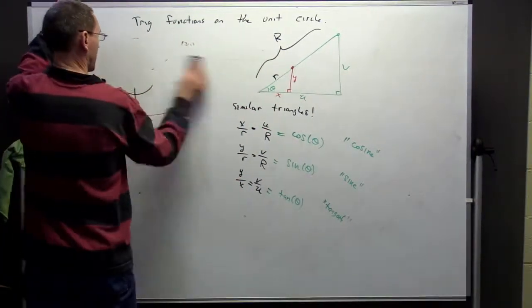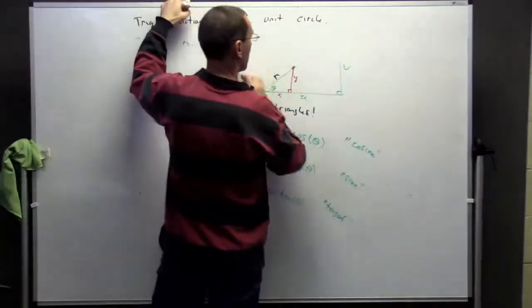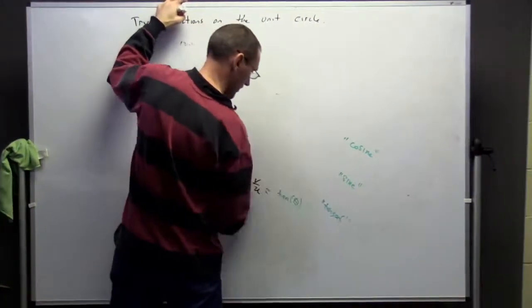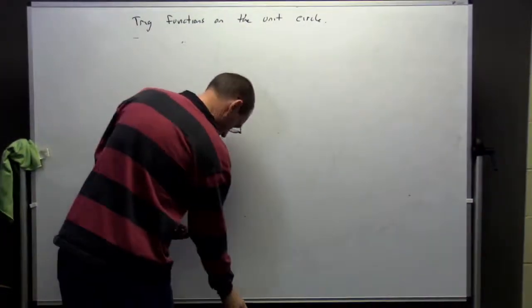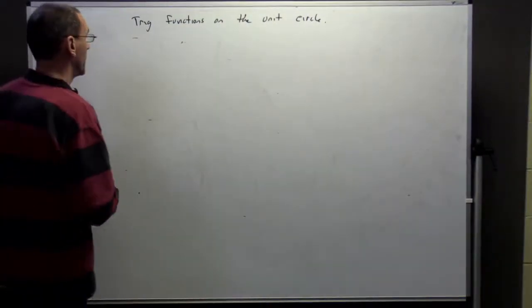Okay. So let's take a look at this. First thing to notice, everything here I did was in the first quadrant. It's going to turn out that that's not a big restriction.